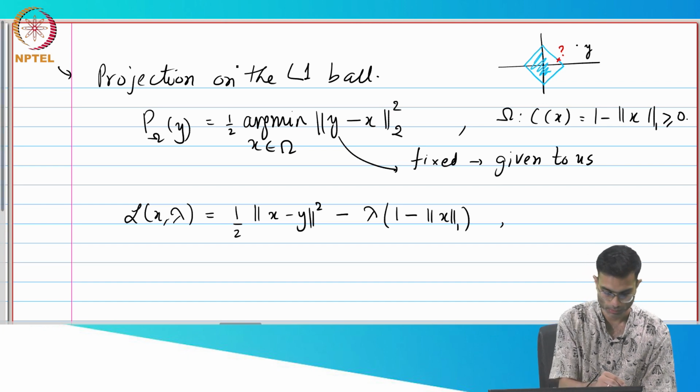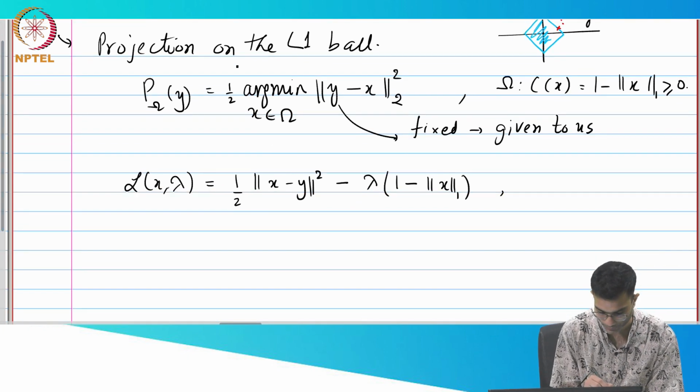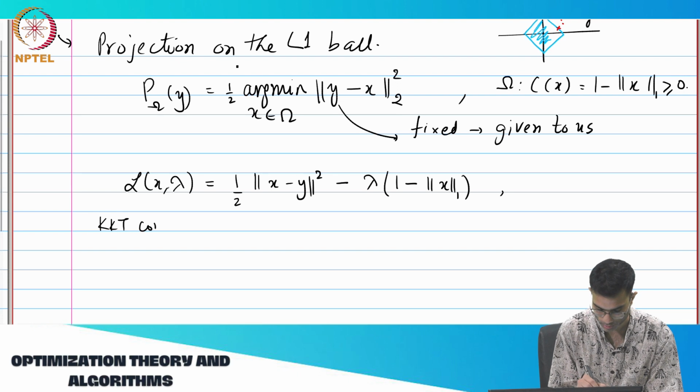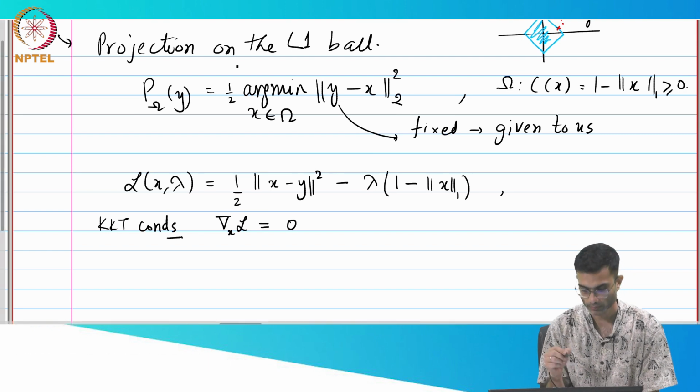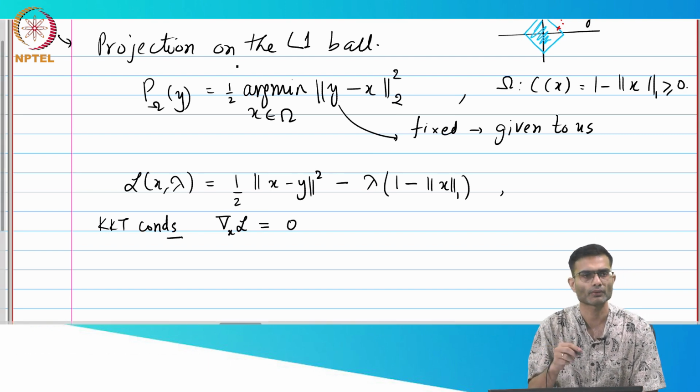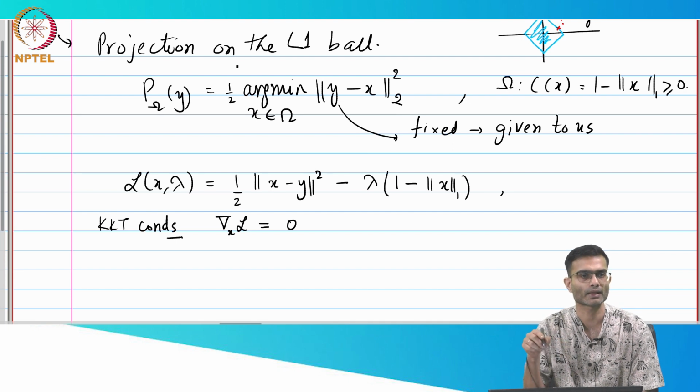So now to apply KKT, I need to look at, that's how I wrote it, no, f of x minus lambda times C of x.